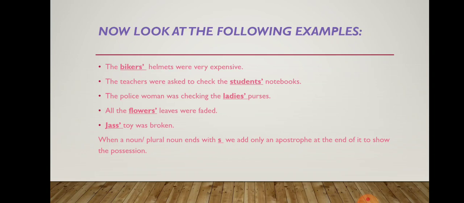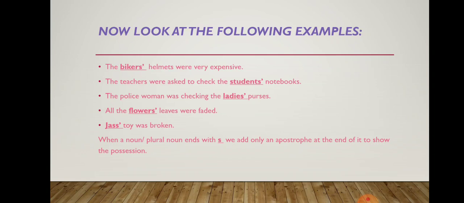But if we look at these examples, we find that these nouns are already ending with S. Biker's plural is bikers. Students plural is students. Lady's plural is ladies. Flower's plural is flowers. And Jaz is a proper name which is already ending with S. So in these cases which are already ending with S, we are not using apostrophe S, but we are just putting the apostrophe sign there.